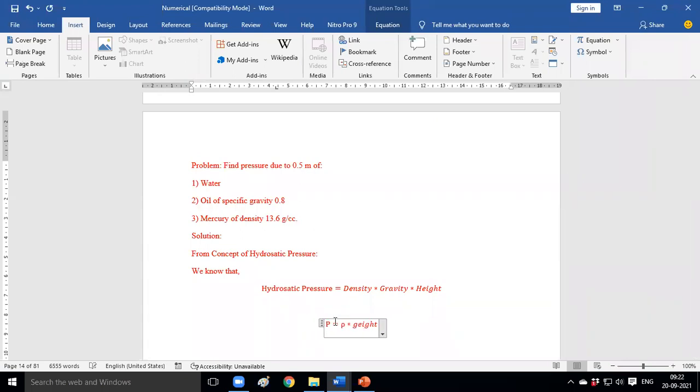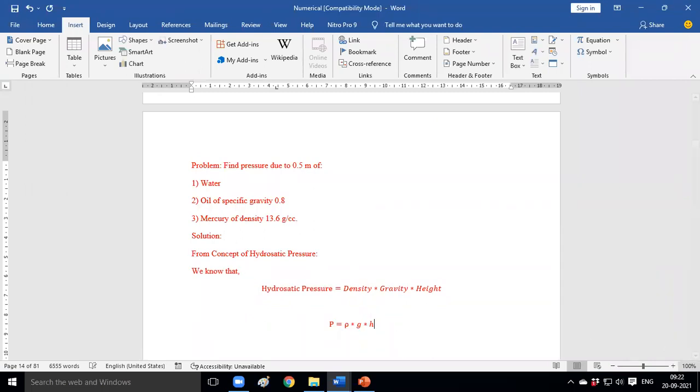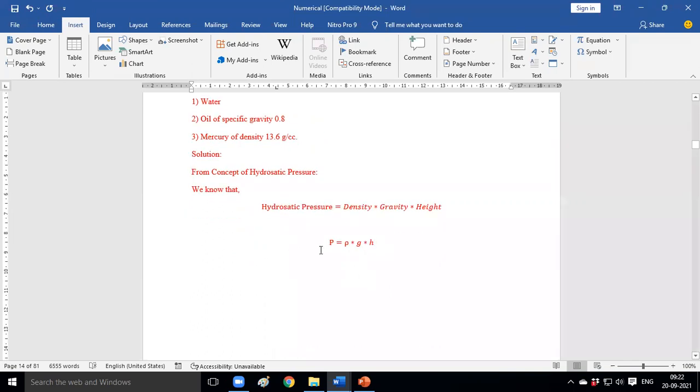Height is represented by the notation h, and the value of h is given in the numerical. So first of all, we can consider the first case, for water.